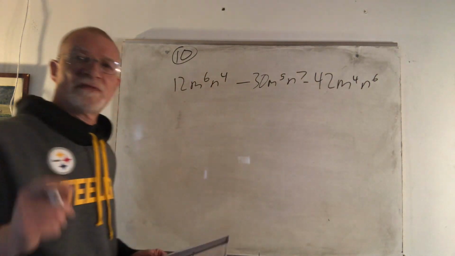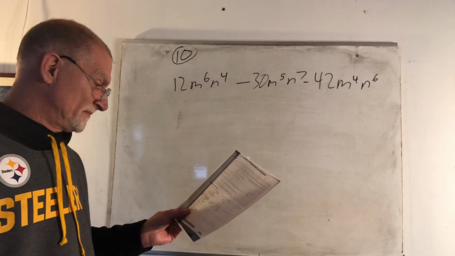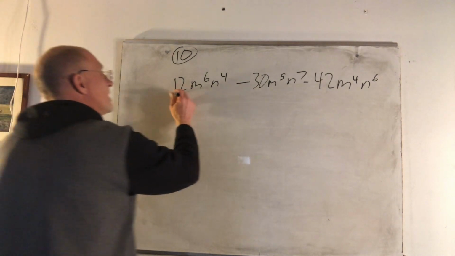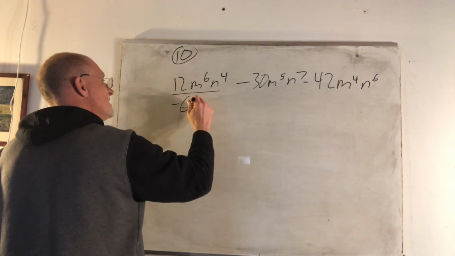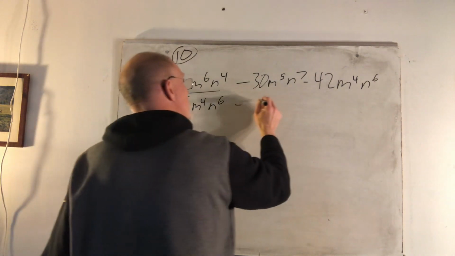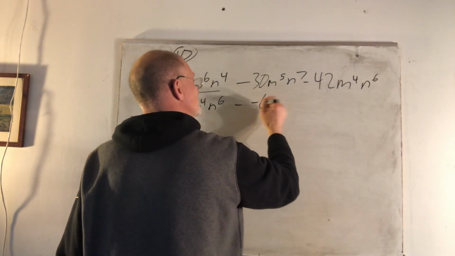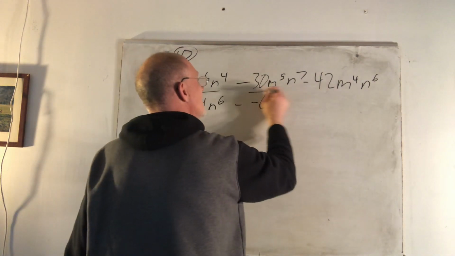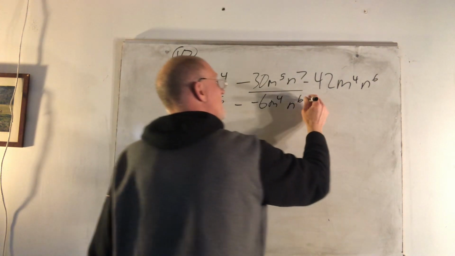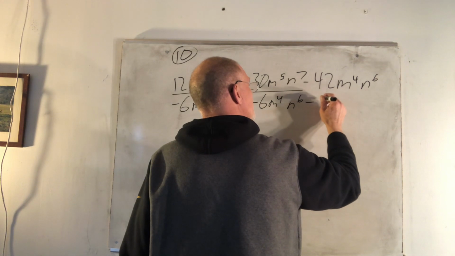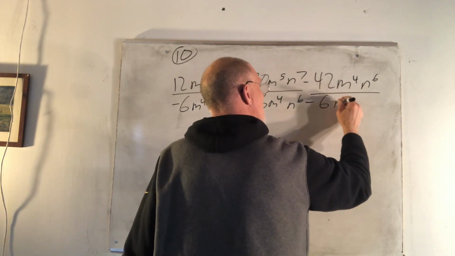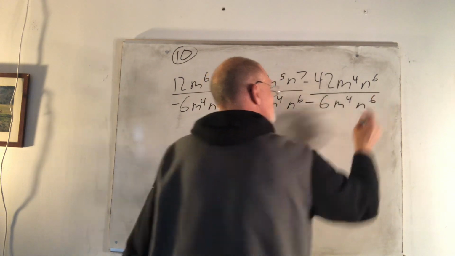All right, and all of that is divided by negative 6m to the 4th n to the 6th. So negative 6m to the 4th n to the 6th, and you can see where this is going, m to the 4th n to the 6th, each divided by negative 6m to the 4th n to the 6th.